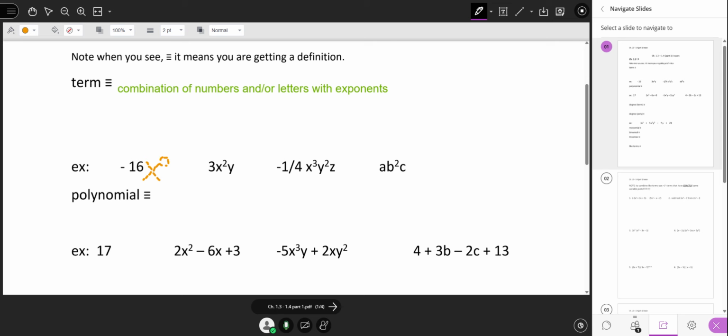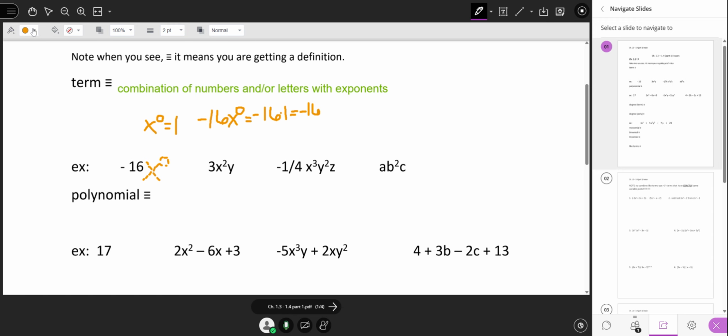Because remember, x to the 0 is the same thing as 1. So when you have -16 x to the 0, that would be -16 times 1, which is the same thing as just -16.